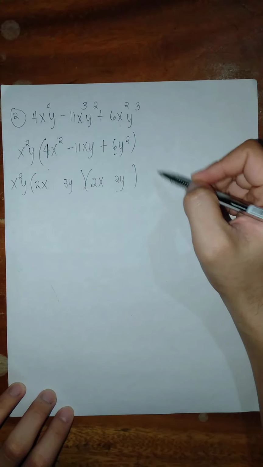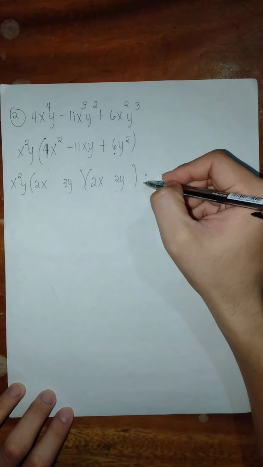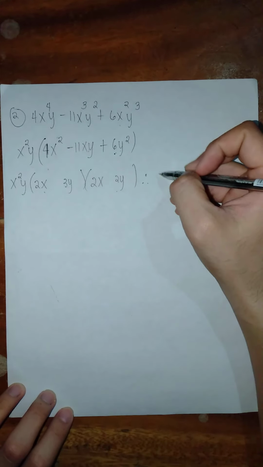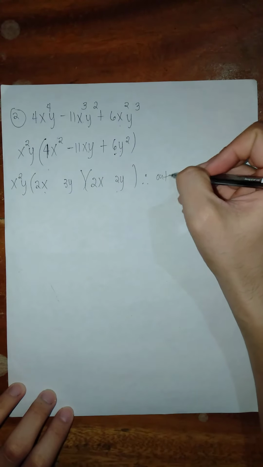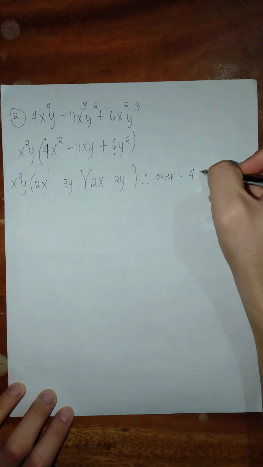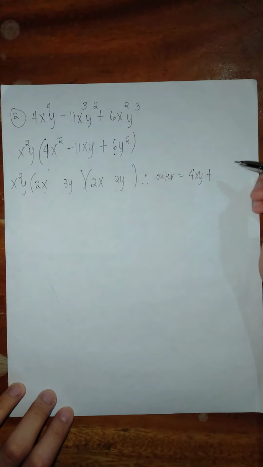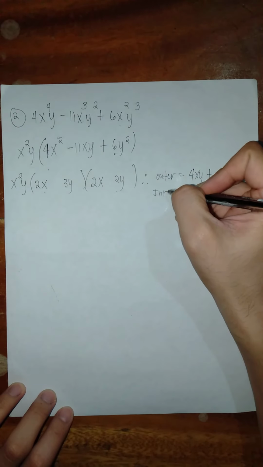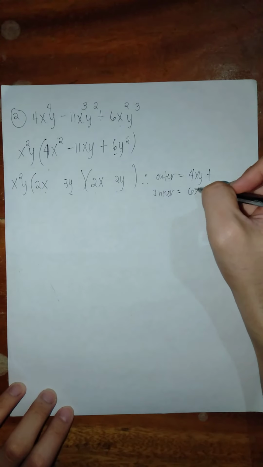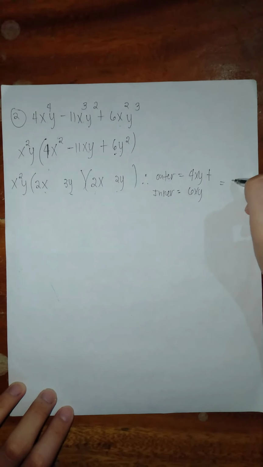So, hindi ito tama. Paano ko nasabi? Kasi ang product ng outer mo, guys, is 2 times 2, so that's 4xy. Pag inadd mo yan sa inner mo, which is 3y times 2x, which is 6xy, di ba hindi naman siya 11?